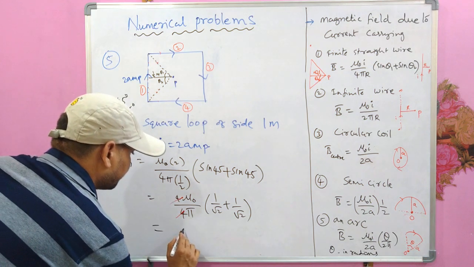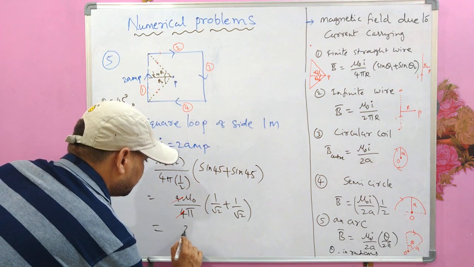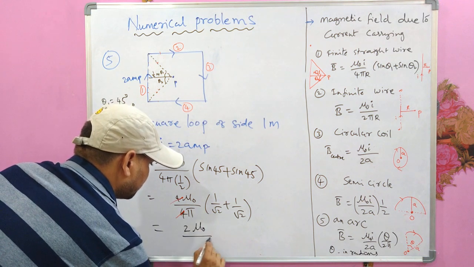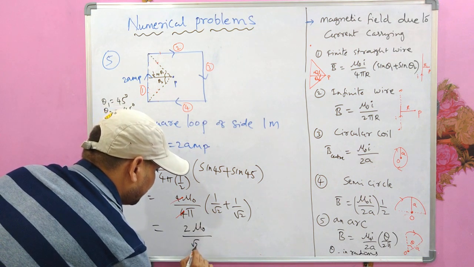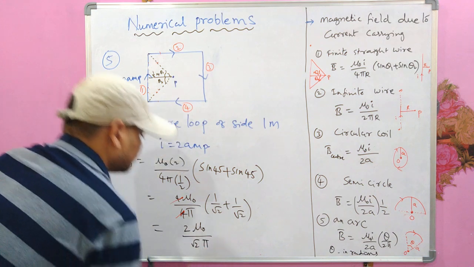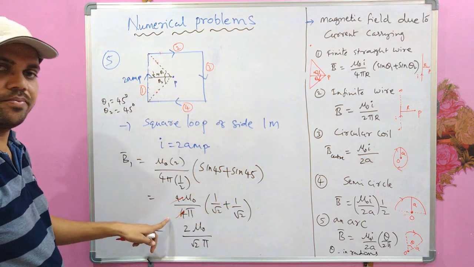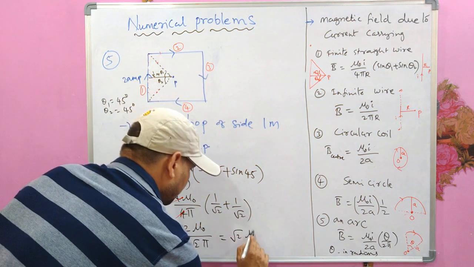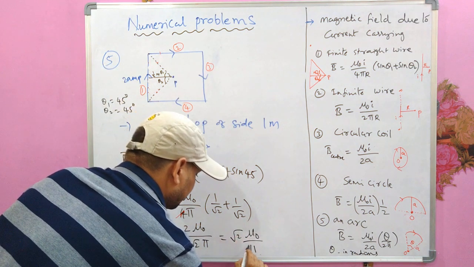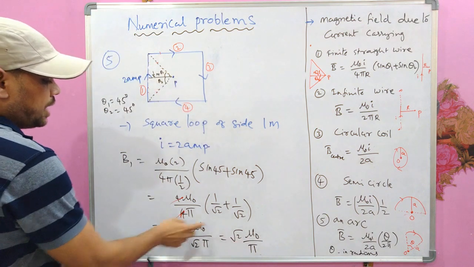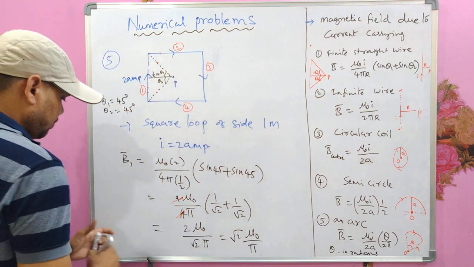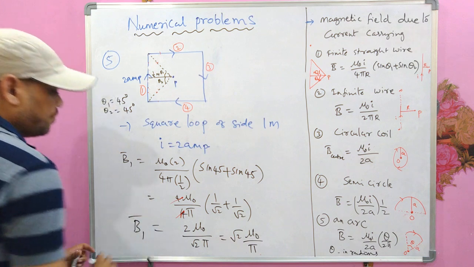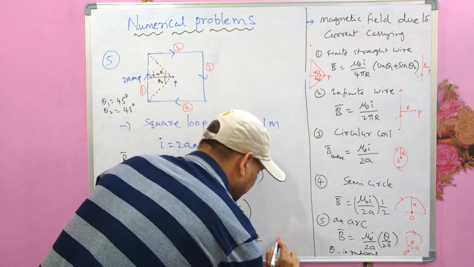This will be 2 mu naught by root 2 pi, which we can say is root 2 times mu naught by pi. That is B1 only, and this is inwards.